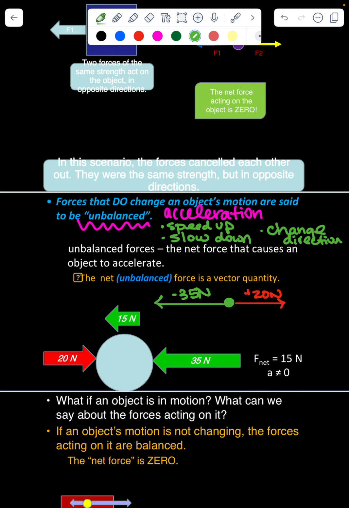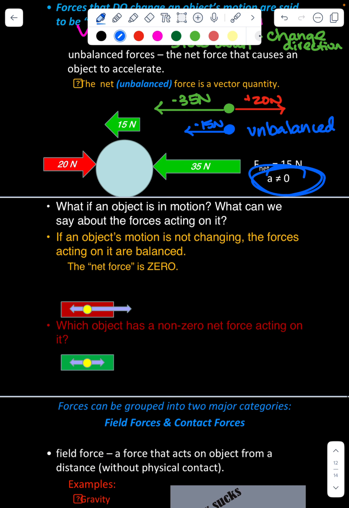Well, if we were to combine those, we would get a net force of negative 15 newtons. That negative 15 newtons is not zero. So this is unbalanced. It is unbalanced. So if we have an unbalanced force, we know that we have some acceleration. Our acceleration is not going to be zero.